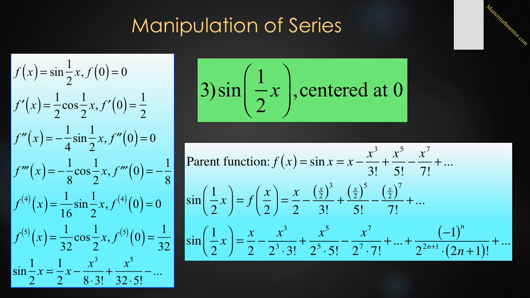And we end up with the same expression that we got in the previous method, x over 2 minus x cubed over 2 to the third times 3 factorial plus x to the fifth over 2 to the fifth times 5 factorial minus x to the seventh over 2 to the seventh times 7 factorial, and we can now write the general term as negative 1 to the n times x to the 2n plus 1 over 2 to the 2n plus 1 times 2n plus 1 factorial.